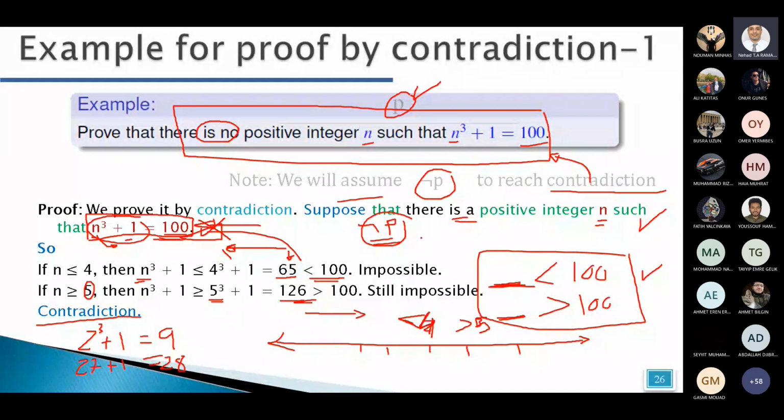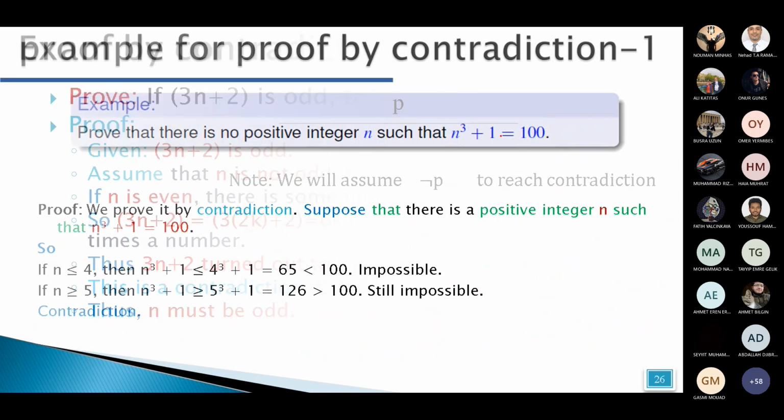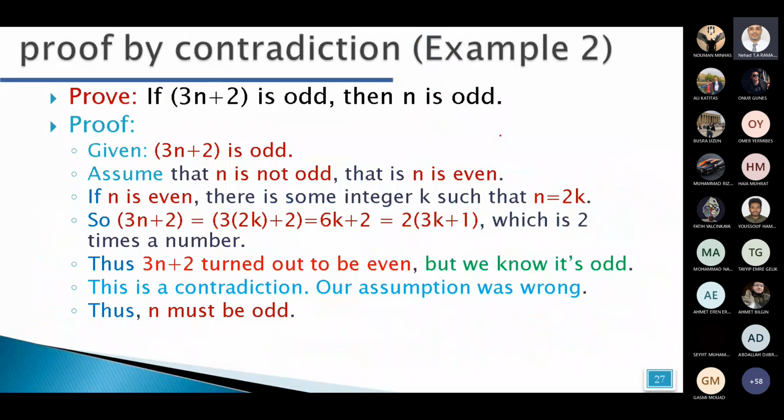In this case, we prove that the opposite is impossible, then the original statement is valid. Another example, also for contradiction. Prove that if 3n plus 2 is odd, then n is odd.